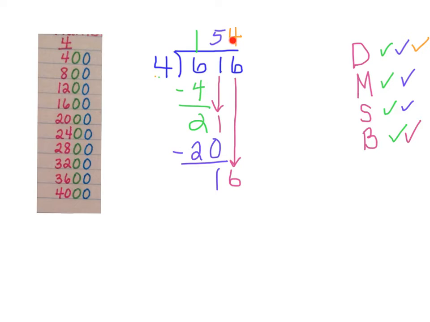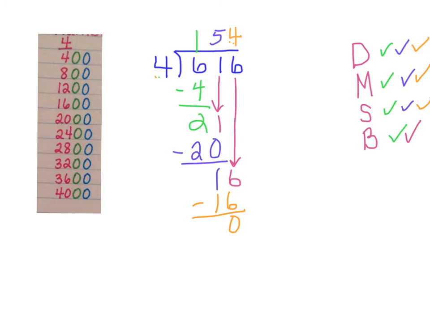Then I'm going to multiply that 4 that I just wrote times the divisor and write it down at the bottom. 4 times 4 is 16. That's the multiply part. Then I subtract. 16 minus 16 is 0.